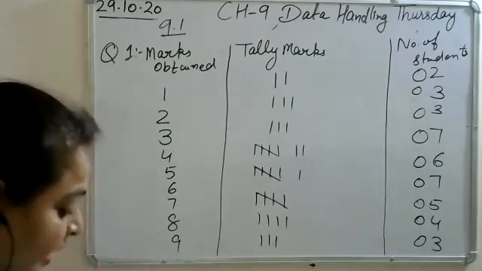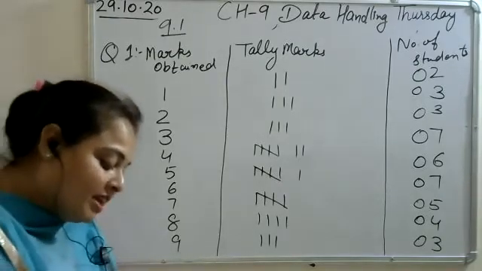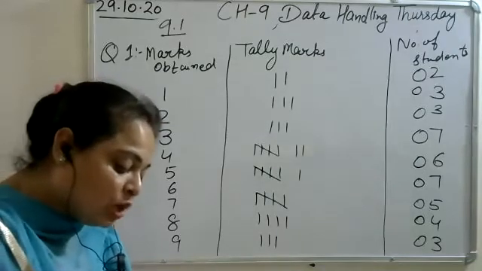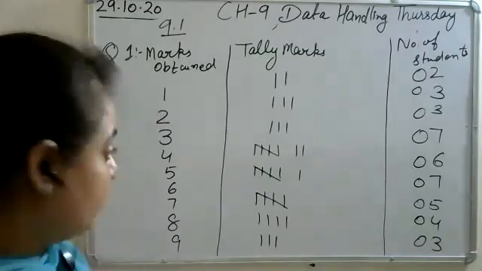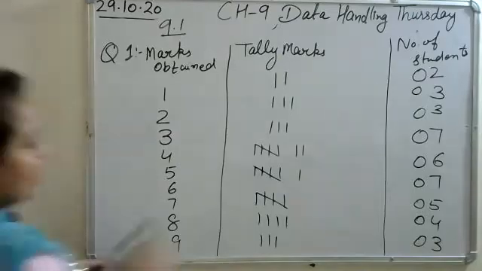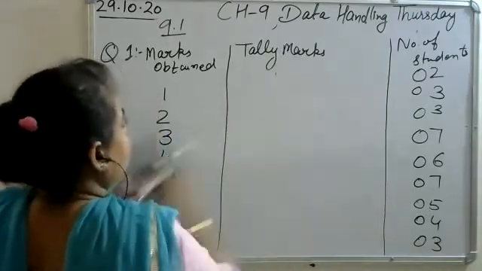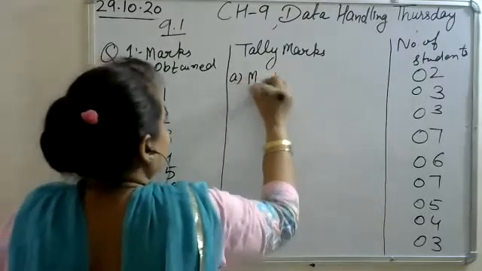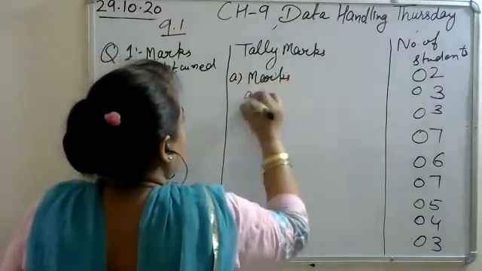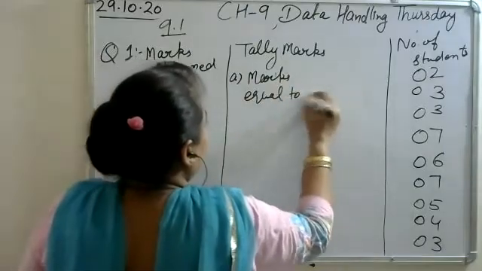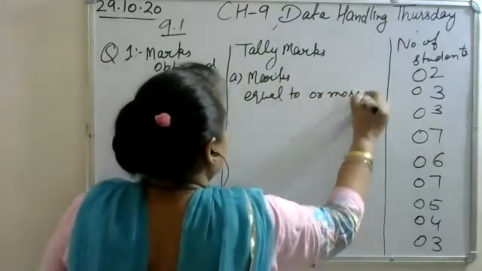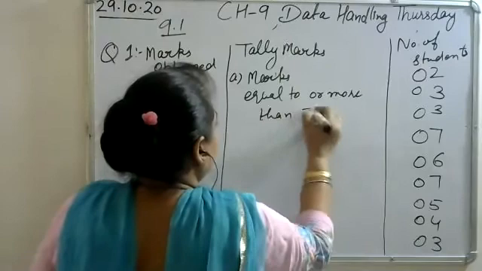Now after that, A part is: find how many students obtained marks equal to or more than 7.